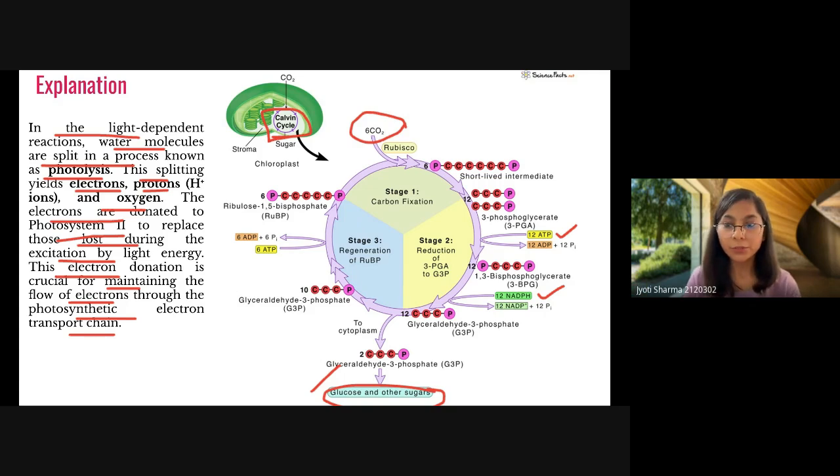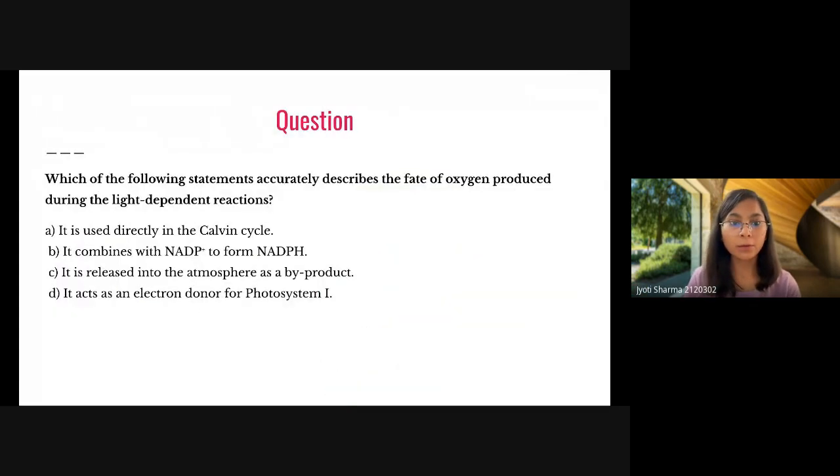Okay, coming to the next question. Because I have explained the photosynthesis, the light reaction, and then the dark reaction, I think now you can give me the answer for this. Which of the following statements accurately describes the fate of oxygen produced during the light-dependent reactions?